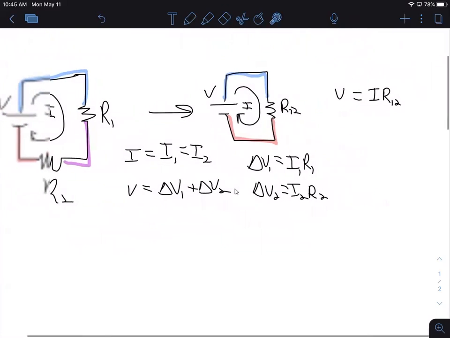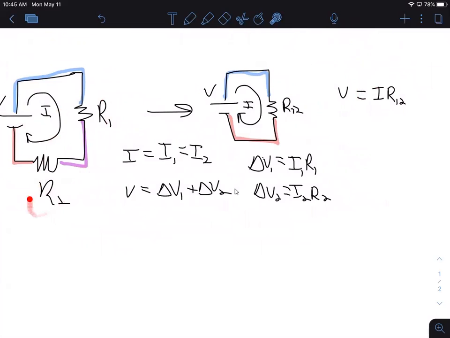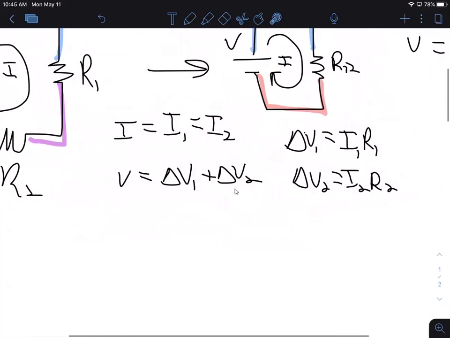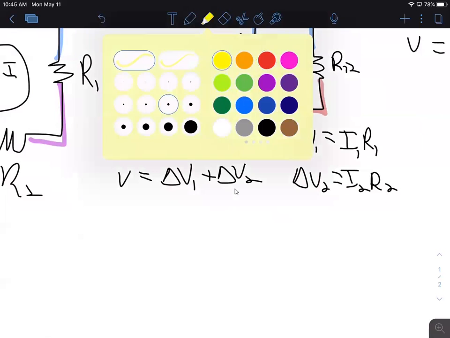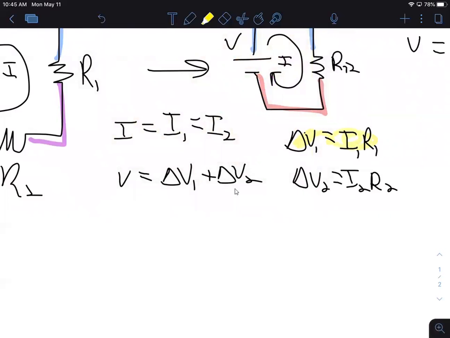So how can we relate this to these? How is R12 related to R1 and R2? I'm going to start with this idea that the battery potential has to equal the potential taken away by both resistors. And I'm just going to plug in what I know about these two things. So I'm going to take this and put it in here, and take this and put it in here.